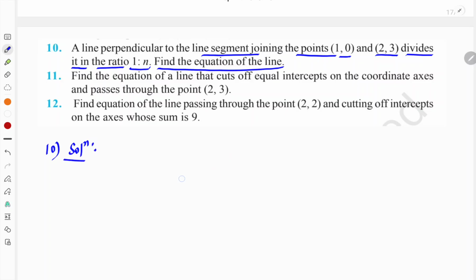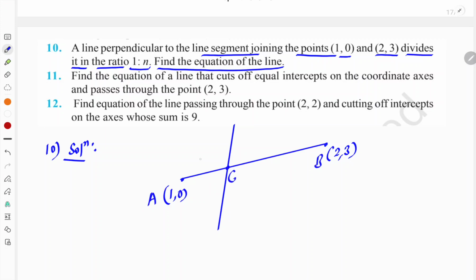A line segment joins the points (1, 0) and (2, 3). Let's say this end is (1, 0) and this end is (2, 3). A line is there which divides it in the ratio 1:n. Let's say this is the line which divides it at this point. Let's call this A, this B, and this C. C divides in the ratio 1:n.